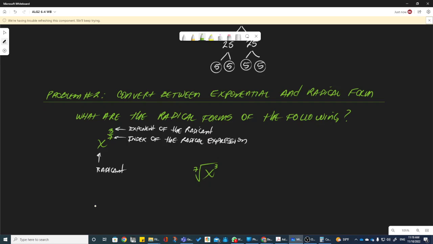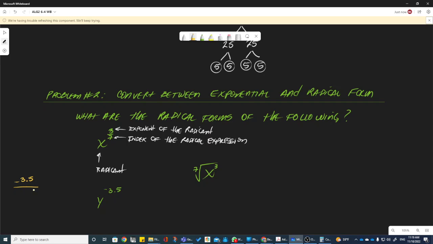Okay. Now let's deal with y to the power of minus 3.5. Okay. Now negative 3.5, let me put it over here in a corner. Negative 3.5. You got to be able to turn that into a fraction.